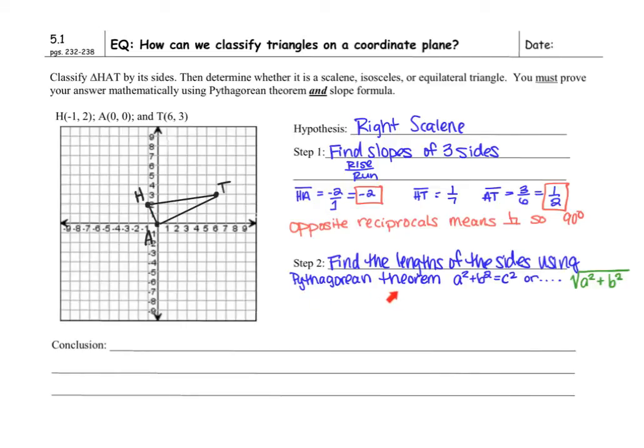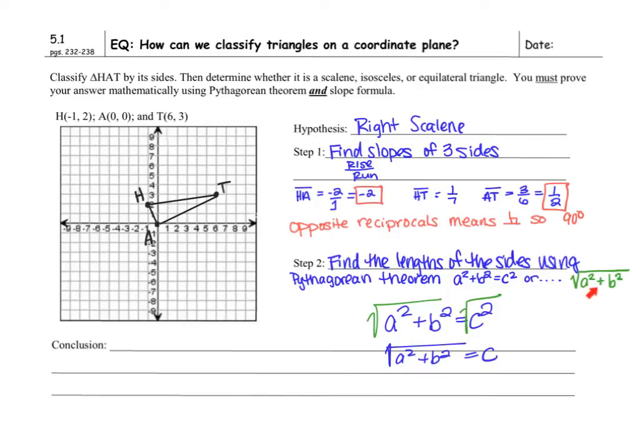Remember, the Pythagorean theorem is a squared plus b squared equals c squared. This is just solving the Pythagorean theorem for c, so don't write this part down because I'm going to erase it. If I have a squared plus b squared equals c squared, and I take the square root of each side, this leaves me with the square root of a squared plus b squared equals c, and c is the length of the side I'm trying to find.